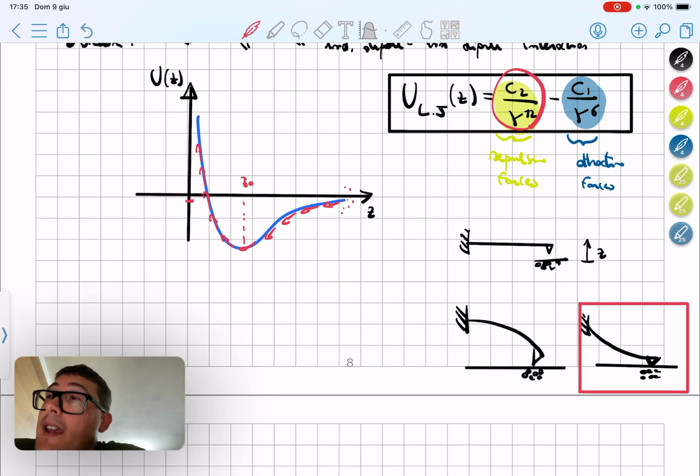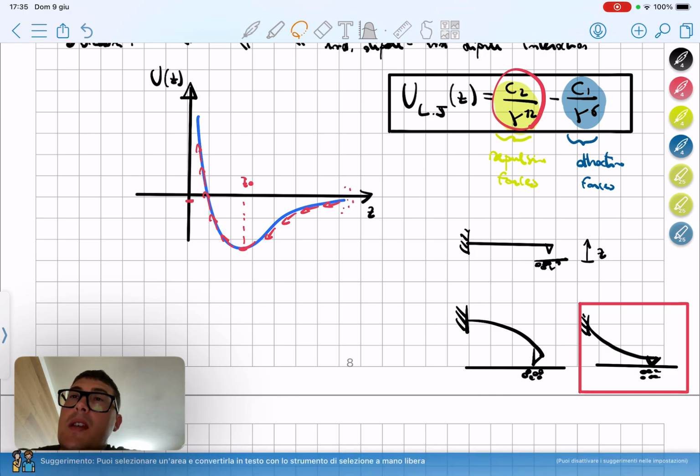On the contrary, if the distance is getting closer to zero, the predominant contribution becomes the one in yellow or in green. So they're repulsive forces, okay?